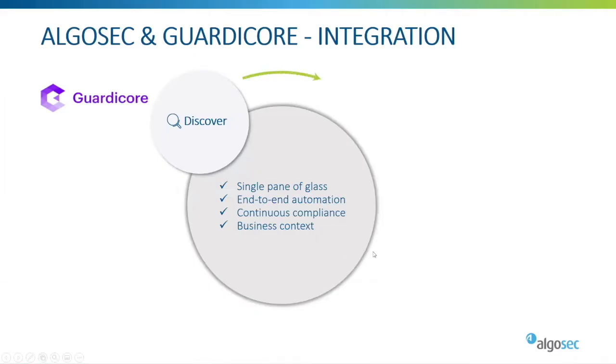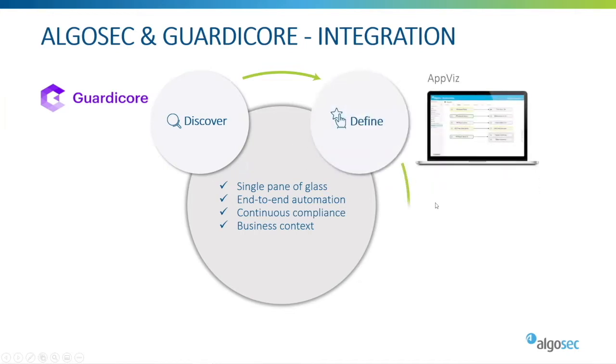In this slide, you can see that we are using Guardicore as a discovery system. When we identify these granular connectivities between the workloads, we aggregate all this information in a product that we call AppViz. This is a repository that was designed specifically for holding the entire connectivity of a specific business. We have different applications there, mostly critical applications, and for each application we hold the relevant flows.